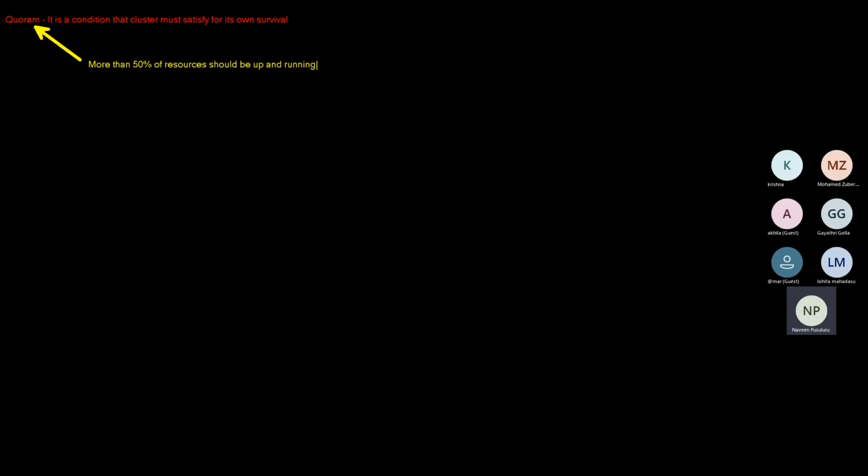If this condition is satisfied, there will be no problem in your cluster. If this condition is not satisfied by your cluster, then your entire cluster will go down. It will be shut down. So yeah, it is very, very important. Quorum plays a very crucial role.